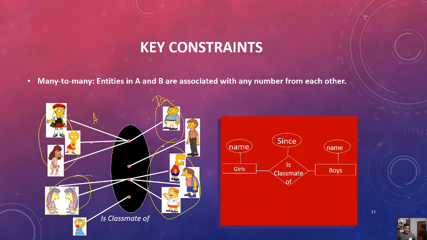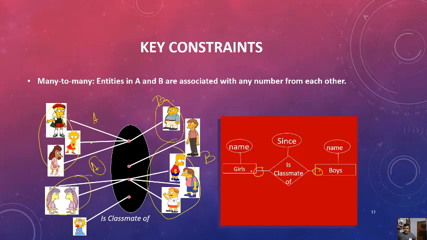So this relationship is called many to many, and we represent it without any symbol, without any arrow sign, to say that this is a many relationship. So in the case of many relationships there is no arrow sign, and in the case of one relationship there is an arrow sign. Okay.